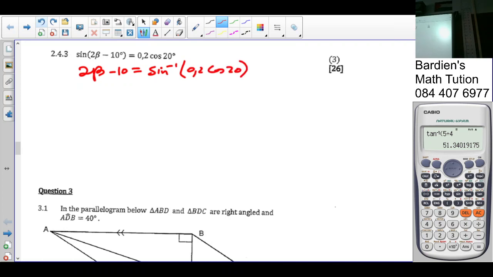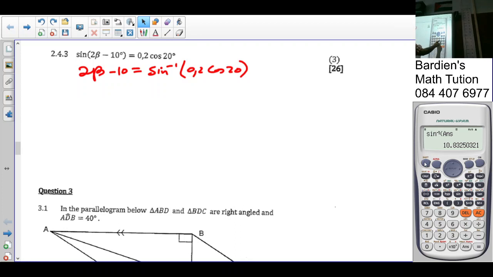Or what I could have done was work out 0,2 cos 20 first. That would have given you 0,187 and the number carries on. Then you go arc sine of that answer, which gives you 10,83. You guys agree with that?